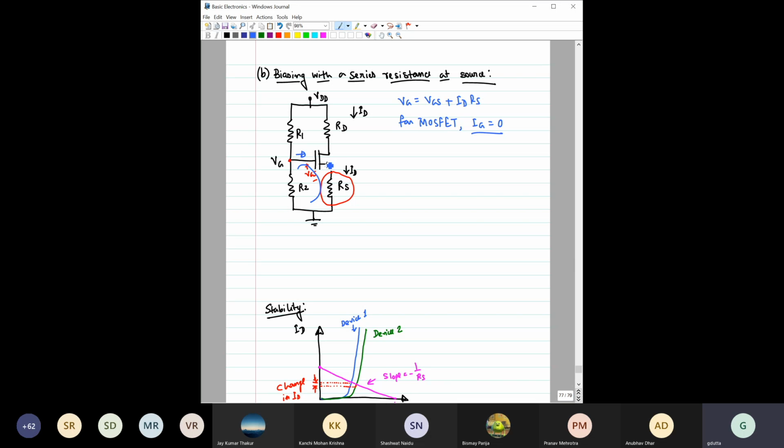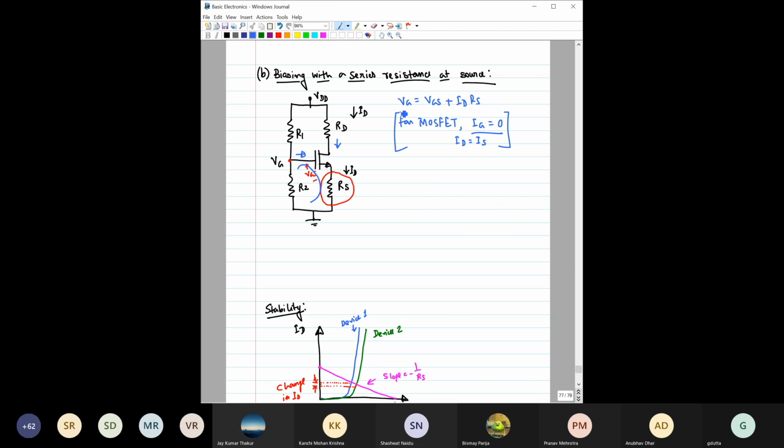Now, if you consider this transistor to be a node, then the current which is flowing through the drain terminal has to be the same as that of the source terminal, right? So the drain and source terminal currents should be the same. So ID should be equal to IS. So remember that for MOSFET, right?